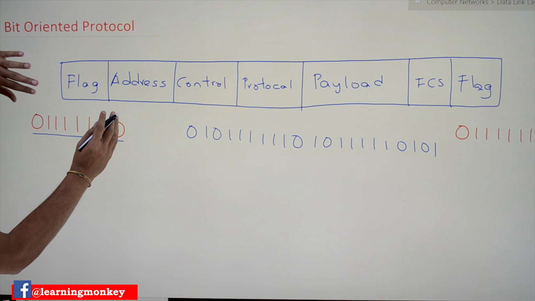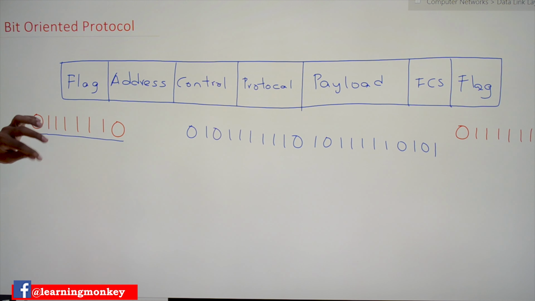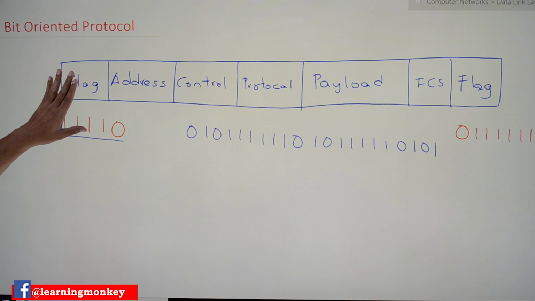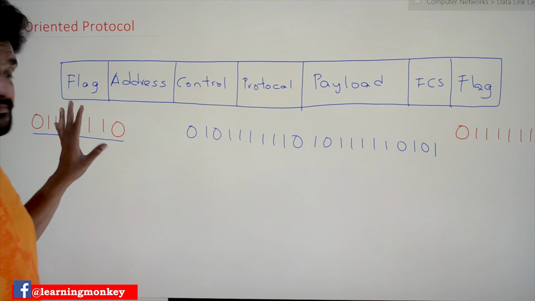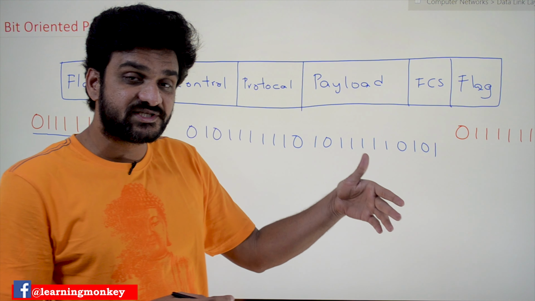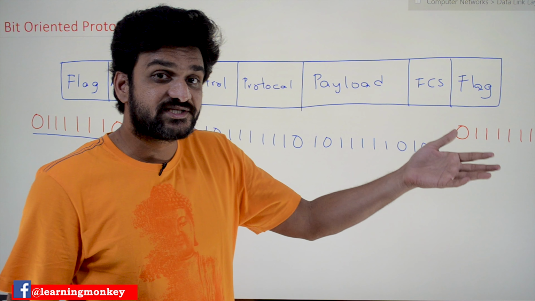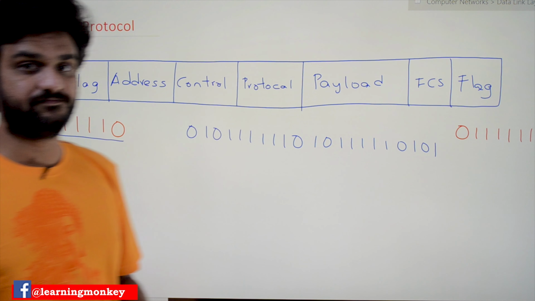Whenever the first 8 bits are identified as a flag, having the same bit sequence, the receiver is going to understand that this is the start of the frame, and if the same sequence is identified again, then it is considered as the end of the frame.